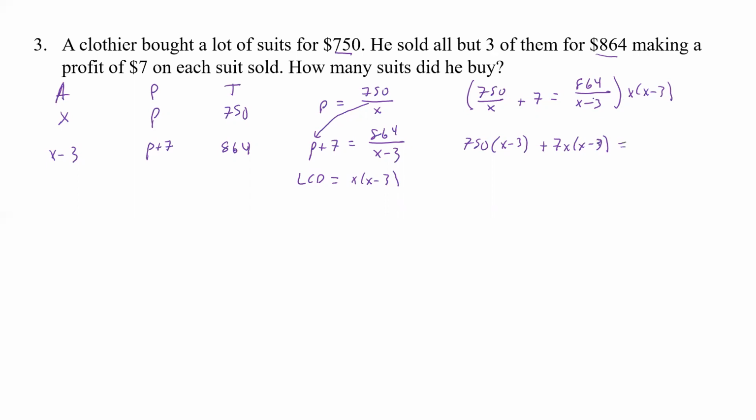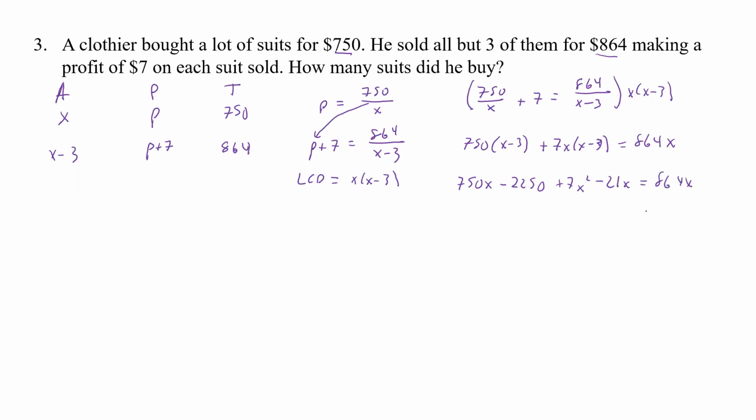And then the next one, X minus 3 cancels, so we get 864X. Okay. Now we need to distribute, get rid of parentheses, so that gives us 750X minus 2250 plus 7X squared minus 21X equals 864X.